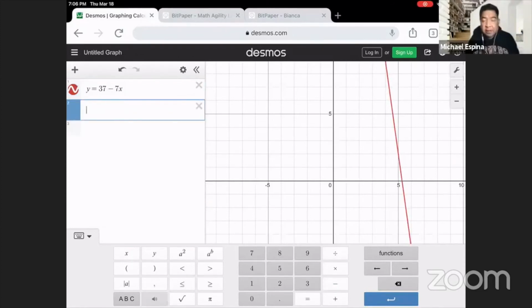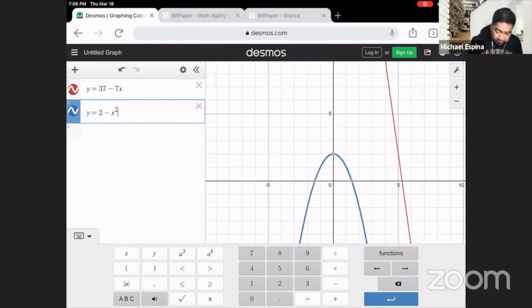And then the second graph is the parabola, y equals 27 minus x squared. Oops, forgot the 7 here.